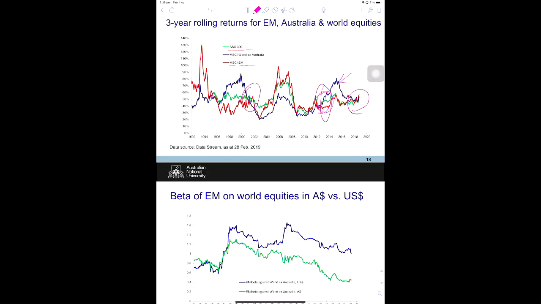Australian equity is closely related to and driven by the demand from the emerging market. So somehow, when you invest in the Australian market, you have an indirect exposure to emerging market. With your 30% investment in the world market, within the world market index there's about 10% of emerging market exposure.